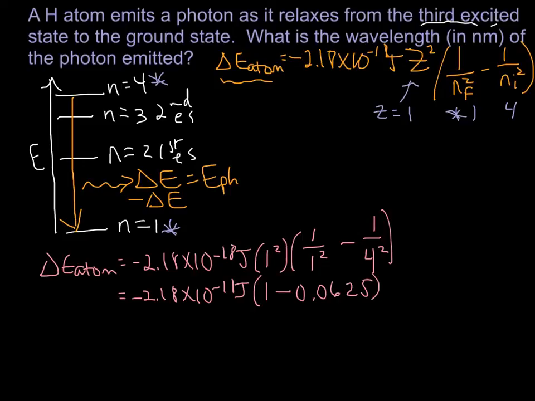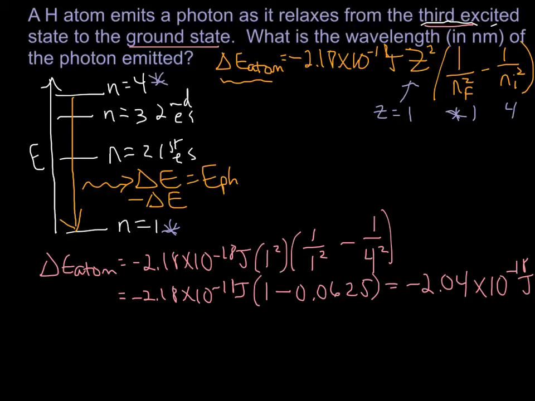When we put that in our calculator, we end up with negative 2.04 times 10 to the negative 18 joules. That's the amount of energy released by the hydrogen atom as it relaxes from the third excited state to the ground state.